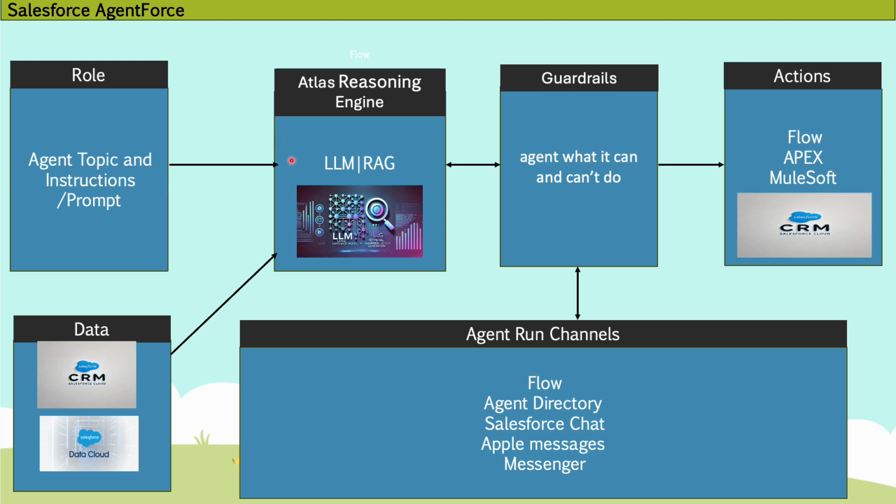Both of these will decide what data we need to fetch from CRM, and what actions are to be taken will be decided by the Atlas reasoning engine. Finally, that action will be taken: it automatically books a doctor appointment and sends an SMS as part of the action. Also, the end user will get the natural language response.